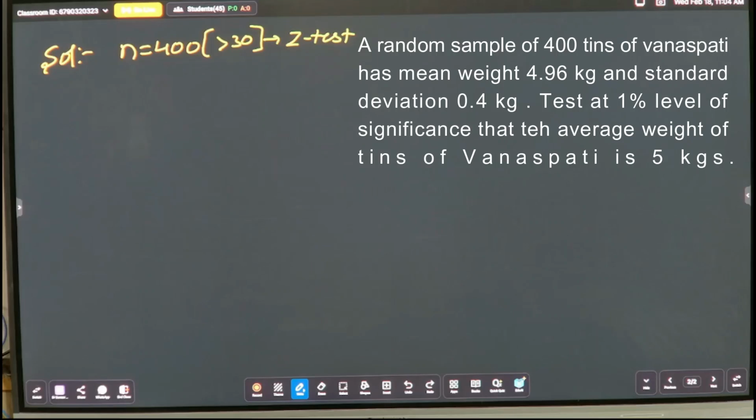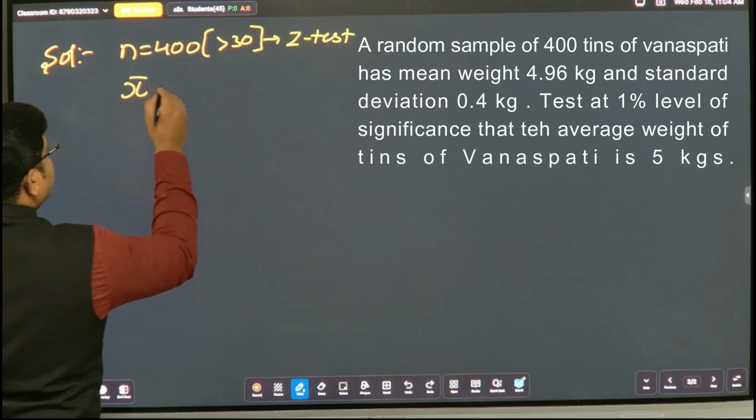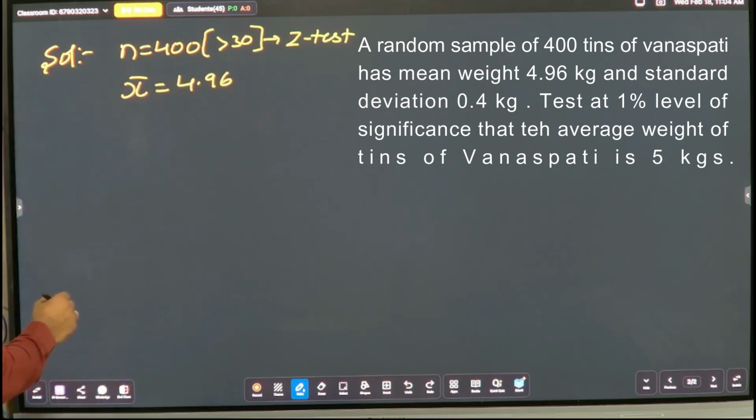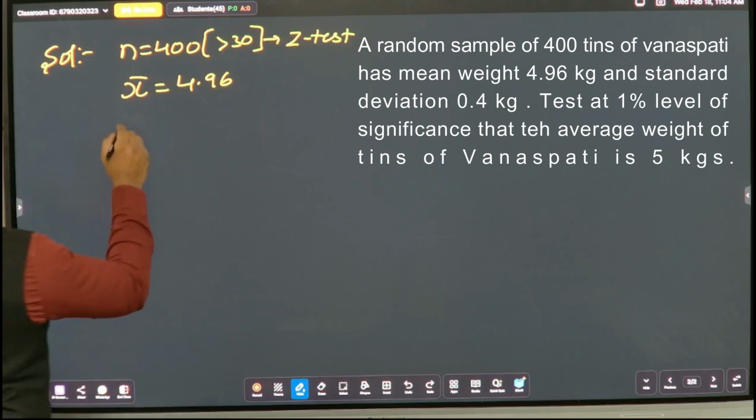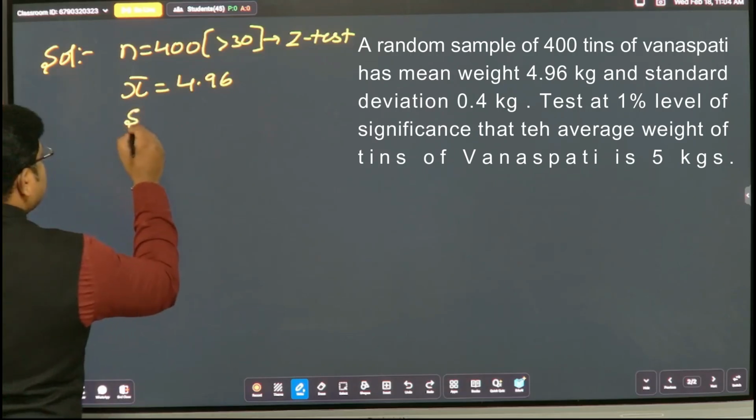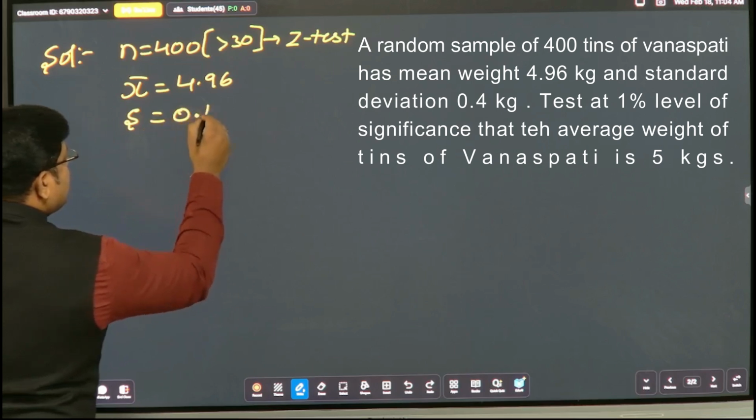A random sample of 400 tins of Vanaspati has a sample mean, that is x bar is equal to 4.96, okay, and standard deviation 0.4.